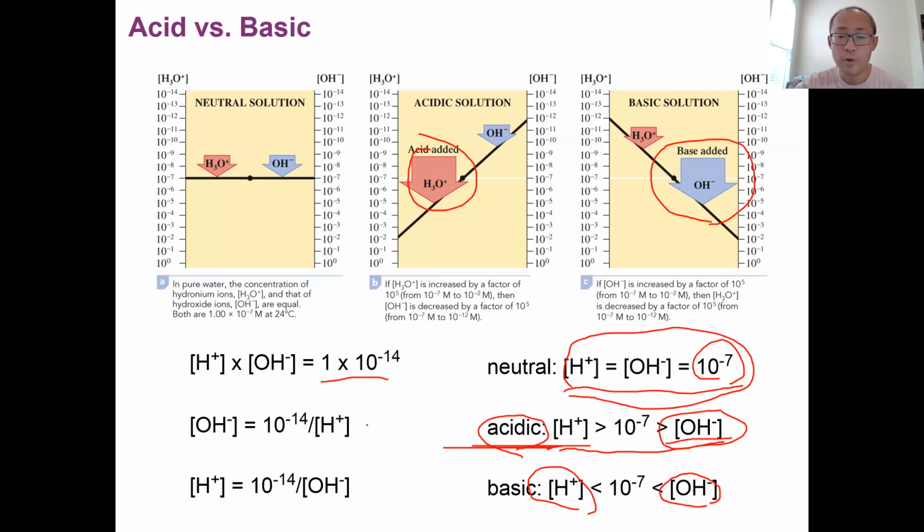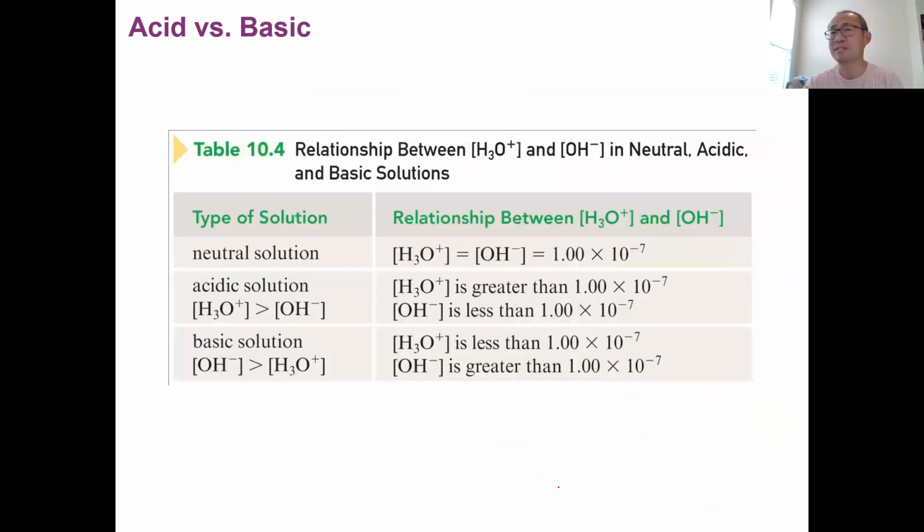If that's the case, we call the solution basic. Again, in a basic solution, you do have both species, but the hydroxide concentration will be higher than the proton concentration. So that's the whole mathematical relationship between a solution that is neutral, acidic, or basic, which is also summarized in table 10.4 of your book.